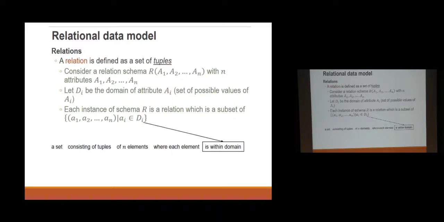This is a set inclusion. Alright? So this is what we have. So that's a relation. A relation is an instance of a schema. A schema is kind of like your template for a table. So it's a set consisting of tuples of n elements, where each element is within the domain.